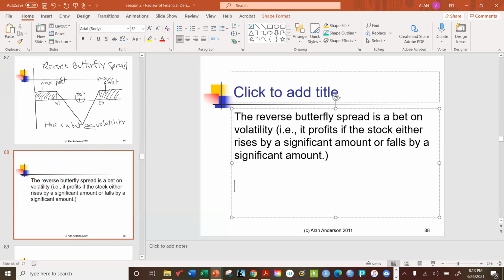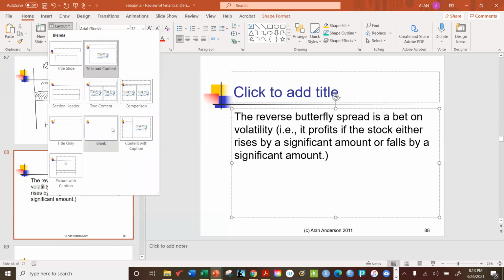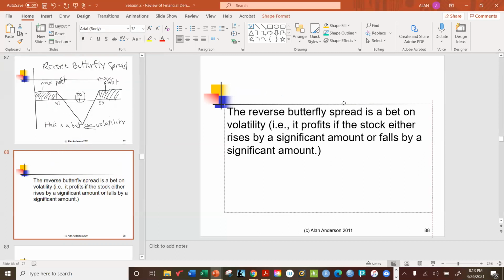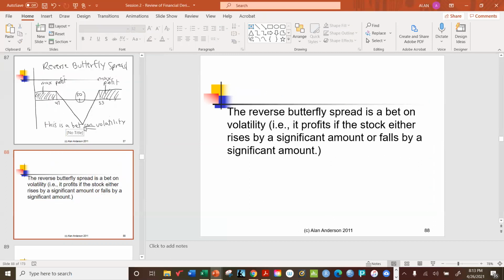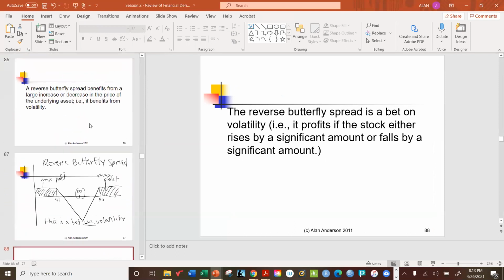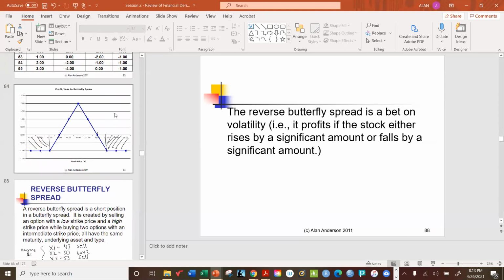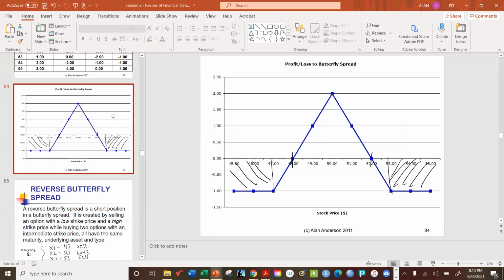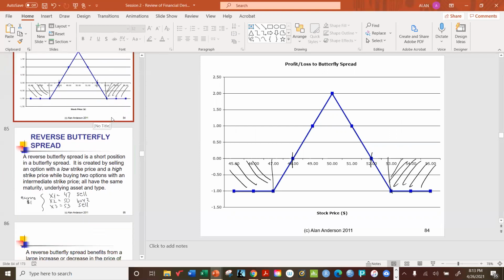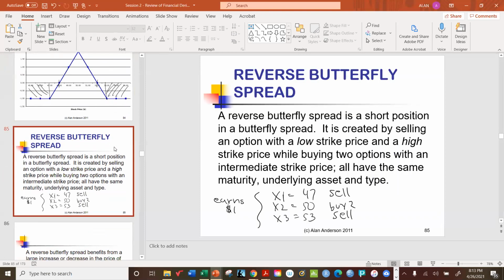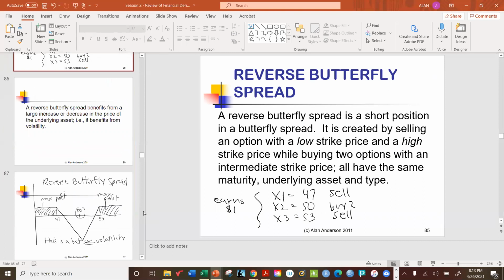So that's what you're hoping for. And you'll make money if you're right about this. So this is the unique feature of this reverse butterfly spread, and the other one too, for that matter, that for the first time, we have the ability to bet not on the direction of the stock, but on its volatility or lack of volatility. But you can see it was a very complicated position to set up.